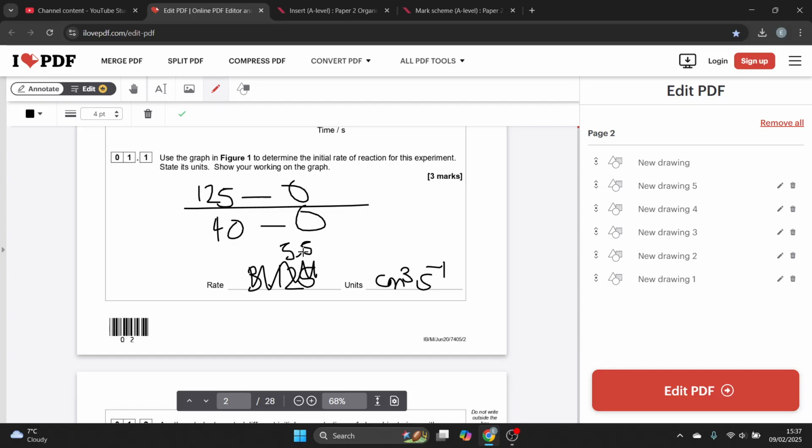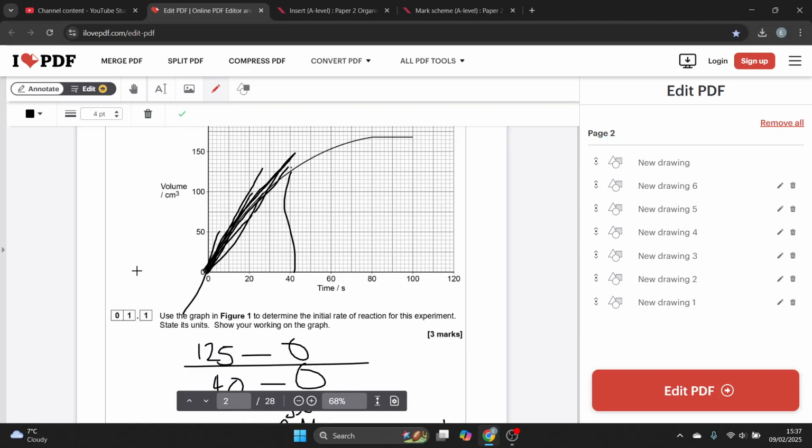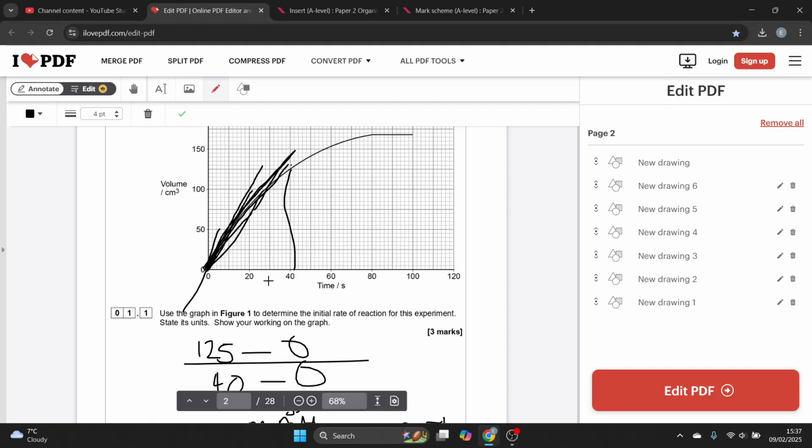So I go up to this, this is the initial rate. It's going like this, I go here, then I just draw a tangent here, and then work it out. My apologies for this part because it's not great. It's better to do these graph questions on a piece of paper.